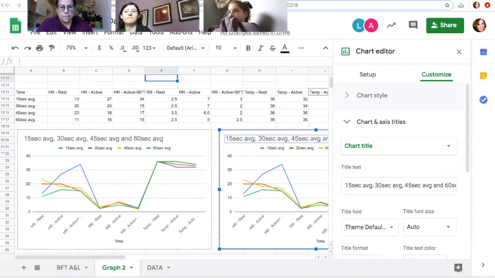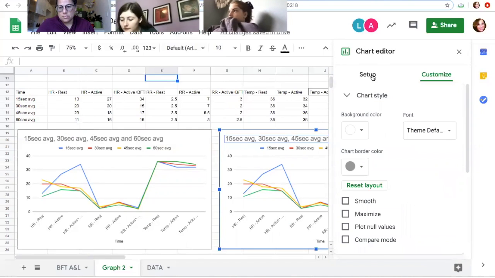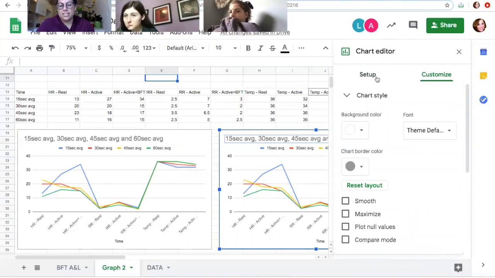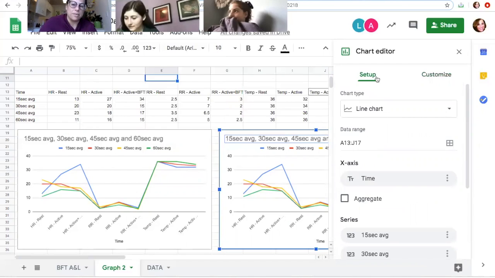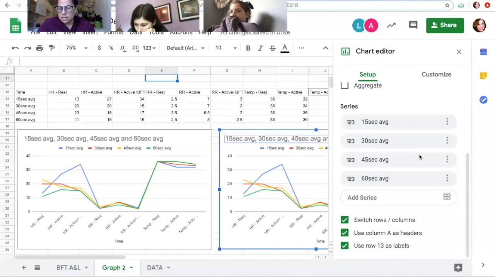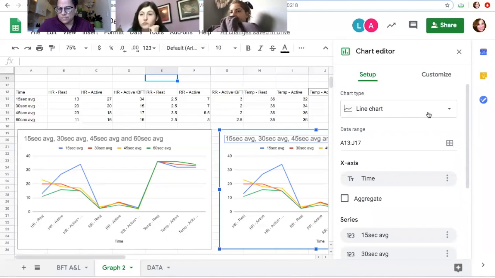Okay. First things first, chart style. I lied. First things first, go over to setup instead of customize. We need to make the x-axis time, which it says it is, but it is not. So that's strange.